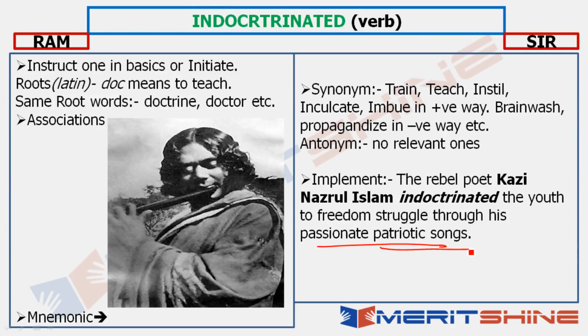His work Bidrohi is a collection of his songs released alongside the non-cooperation movement. In 1924, I suppose, he was first jailed for writing a song called Anandamoyir Gan. It was a prayer.